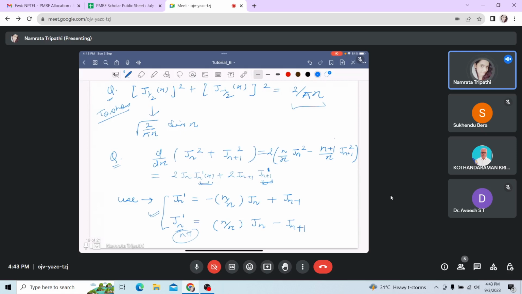You have to replace n with n plus 1 so that you will get the value of this, and you can substitute the value of zn dash with the help of this expression. Then you will get the expression. You will get the answer.